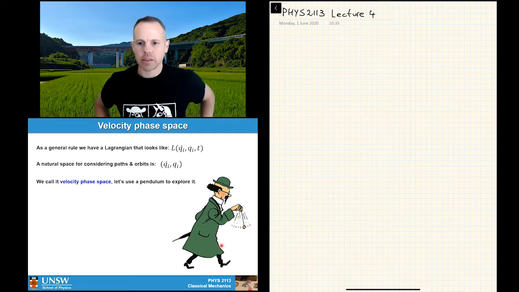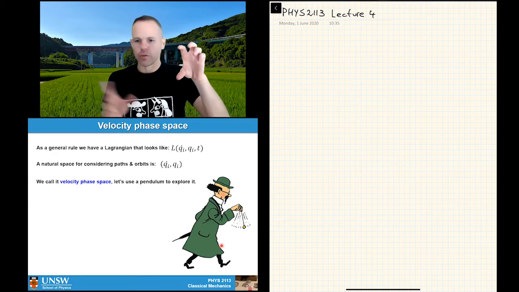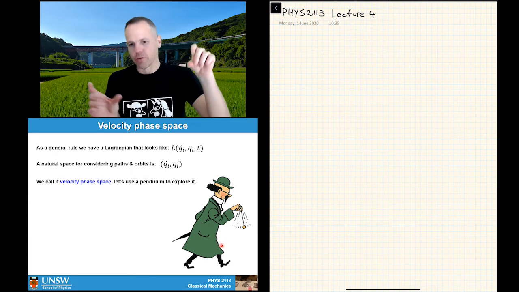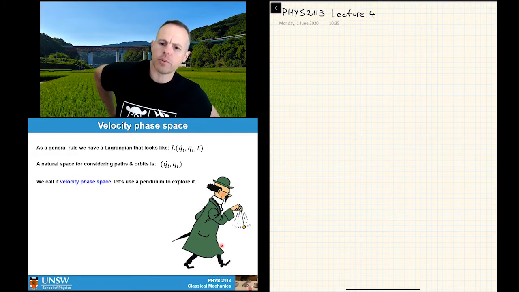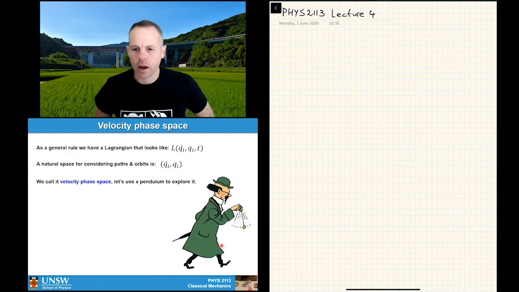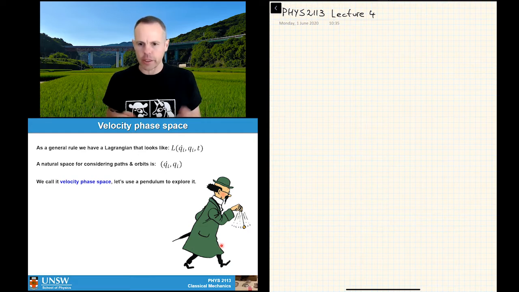And this means that there's all the ways we normally think about drawing dynamics in mechanics that you learn in first year, like plotting position versus time, velocity versus time, everything versus time. And there's also a lot to be learned by plotting non-time parameters against each other. One of the really common ones is to plot q_i dot versus q_i, in other words, velocities versus positions. And these are things that we call velocity phase spaces.